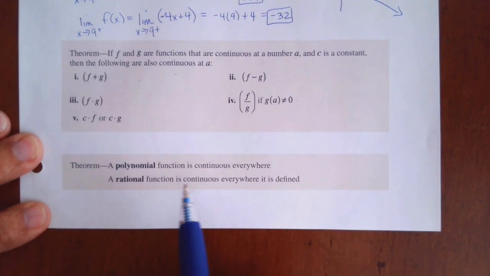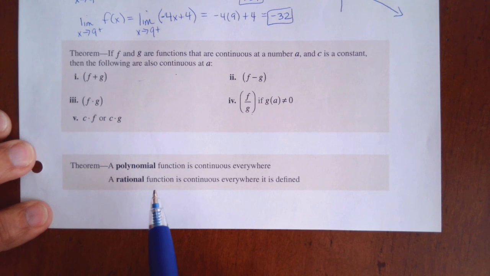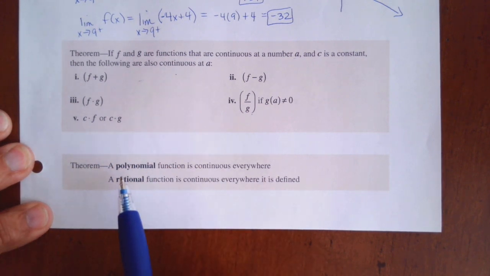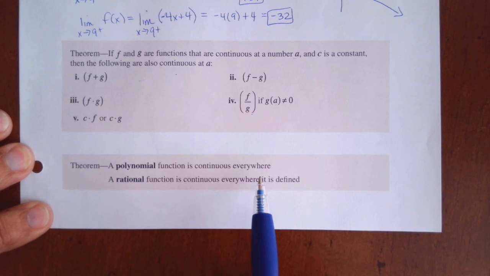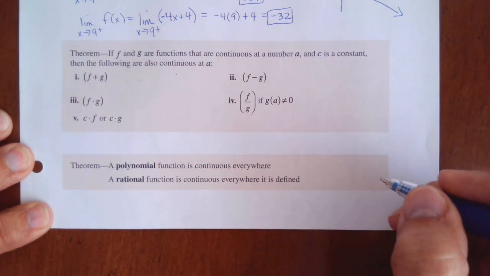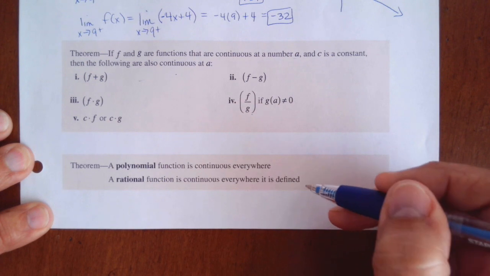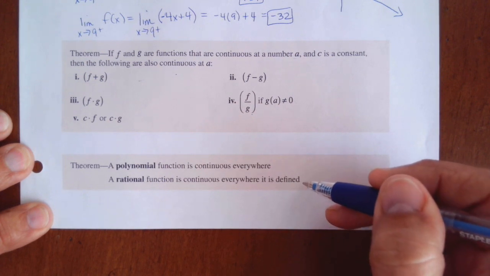All right, I wish these two theorems had come earlier when we were talking about all those domains. We've already kind of talked about this, but these are theorems. Polynomial functions are continuous everywhere, and rational functions are continuous everywhere they're defined, which means, remember, they're defined everywhere except what makes the denominator equal to 0.